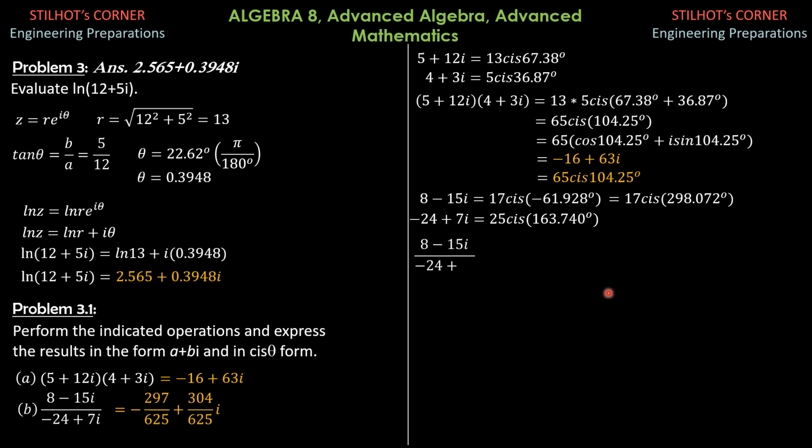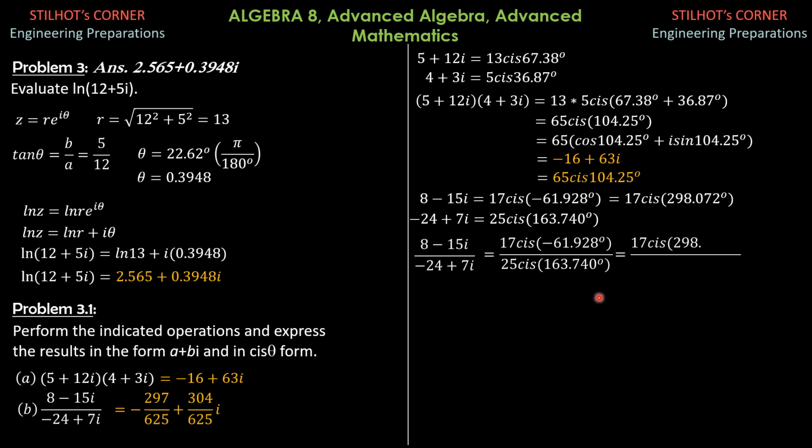Therefore, dividing these two would be dividing the absolute values, 17 over 25, then the angle in the denominator subtracted from the angle in the numerator. So that is 17 over 25 cis of negative 61.928 degrees minus 163.74 degrees.